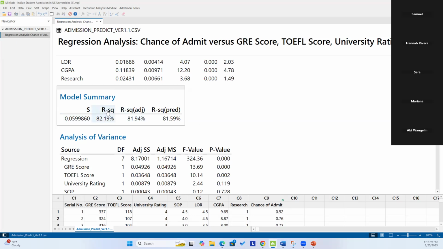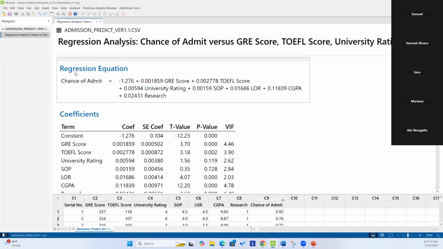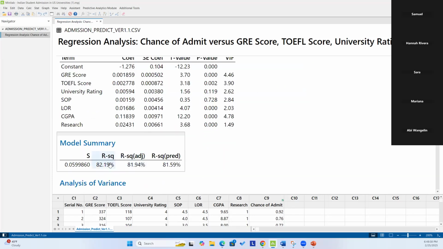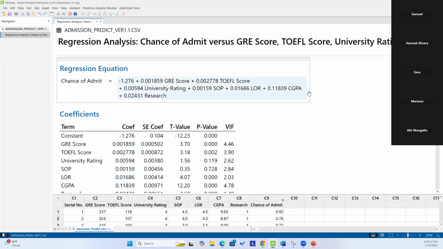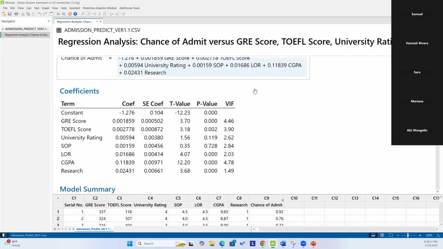This is R square. What is the meaning of R square? R square means the change in chance of admission is 82% explained by these factors. So 82% of chance of admission is due to whatever constant, GRE, TOEFL, university rating, and the rest, all these 6 or 7 factors.